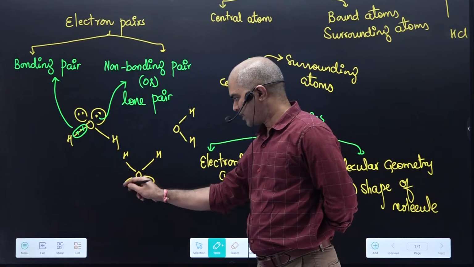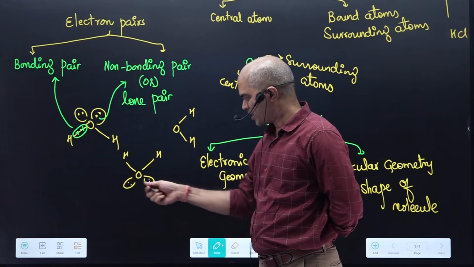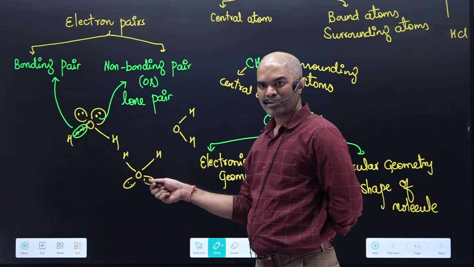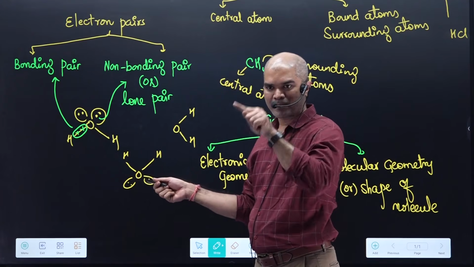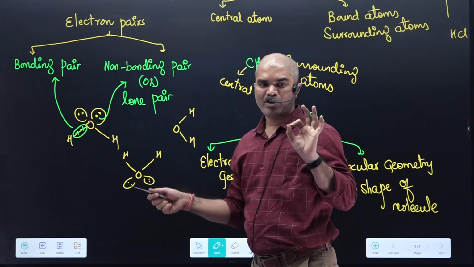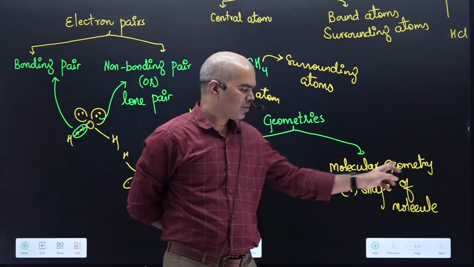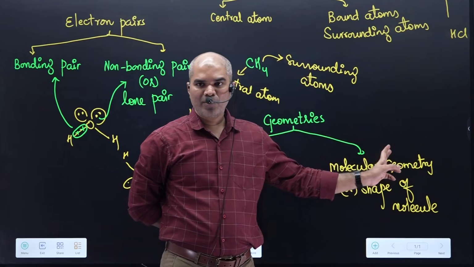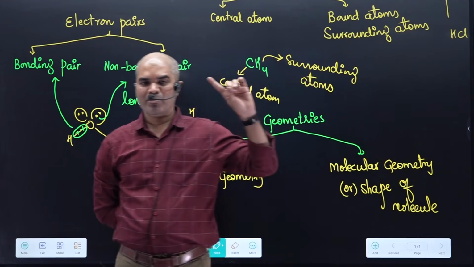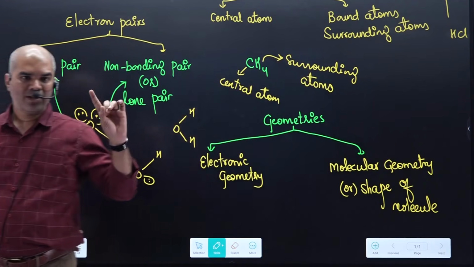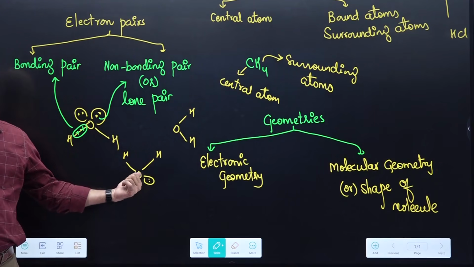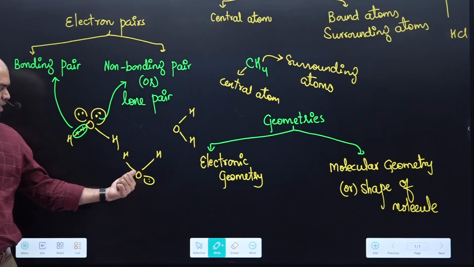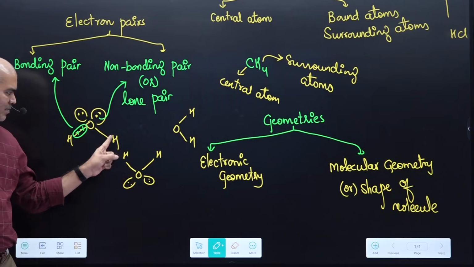So when you said V shape or bent or angular, did you consider lone pairs? No, you are not considering lone pairs. You are simply defining the shape. So the shape of the molecule is the molecular geometry. But what is the electronic geometry? Tetrahedral. Electronic geometry is tetrahedral. It means you are considering lone pairs as well as bond pairs.